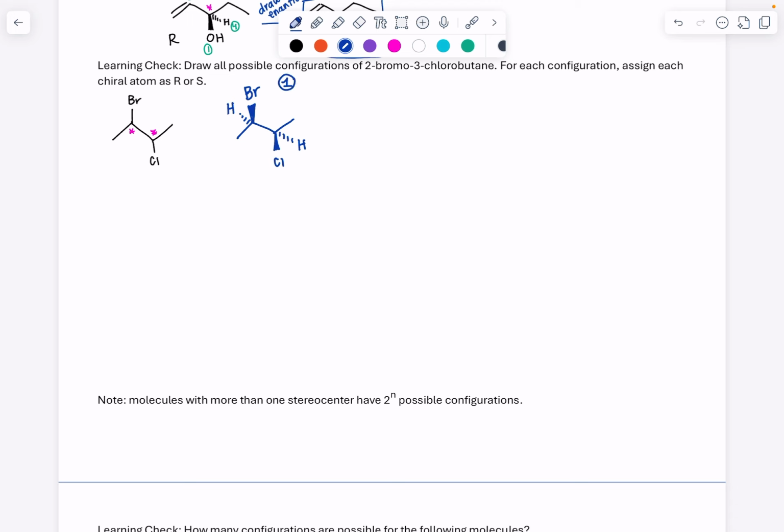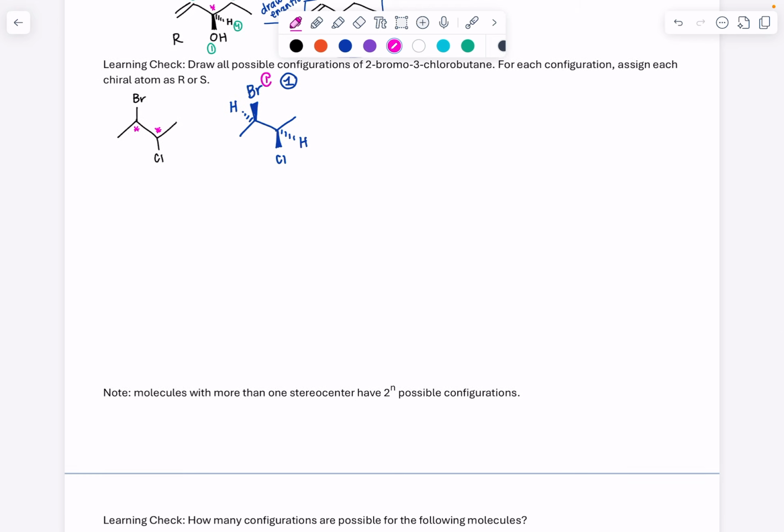Before we draw another one, let's go ahead and identify R or S for each chiral carbon. You might pause the video and try this on your own to make sure you can do it, and then you can listen to my explanation or just double check that you have the same answer. So for the chiral carbon on the left, the one bonded to bromine, bromine will be priority 1.